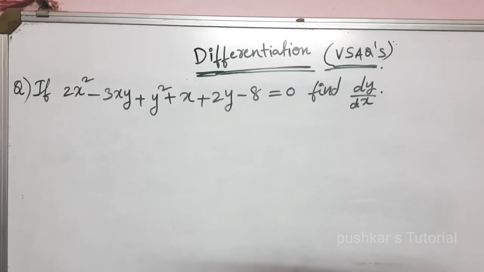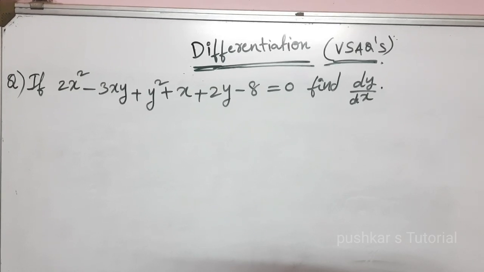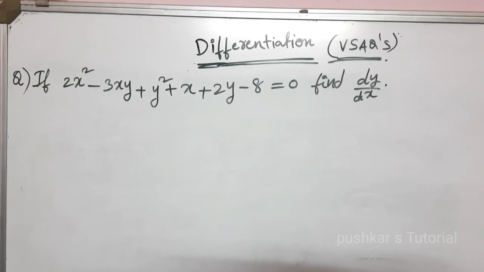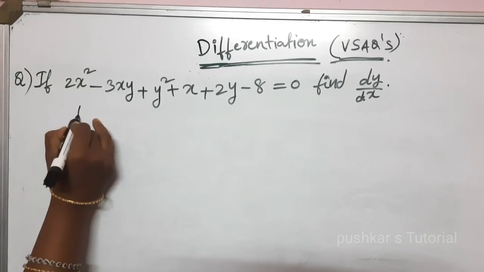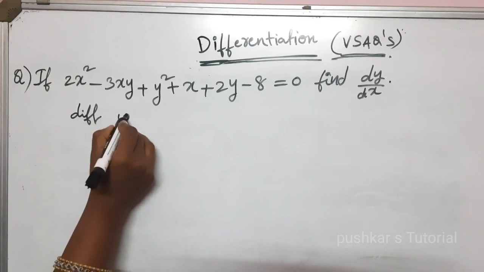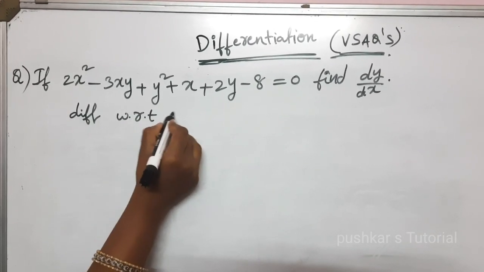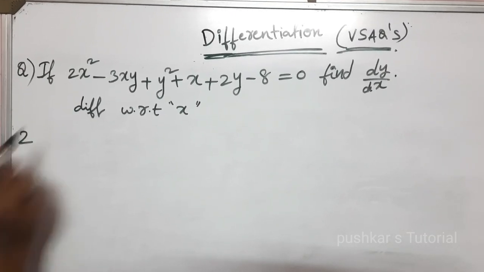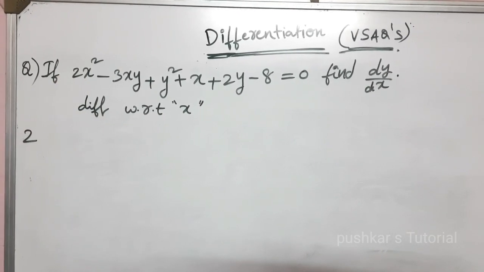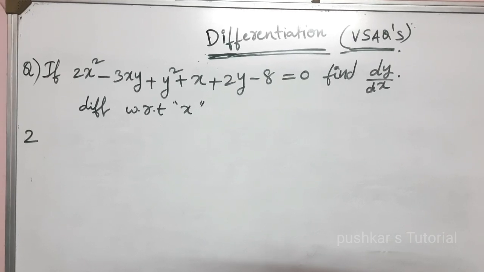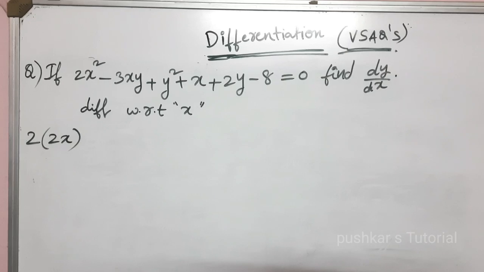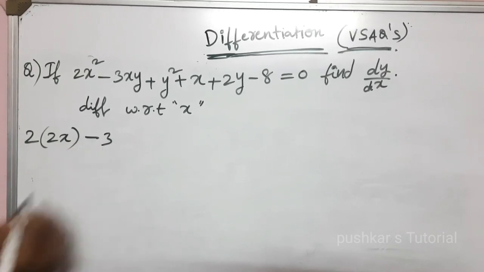If 2x square minus 3xy plus y square plus x plus 2y minus 8 is equal to 0, then find dy by dx. Differentiating with respect to x: 2 as it is, x square differentiation, using the formula n into x to the power of n minus 1, 2 comes in front and the power reduces, so 2x. Minus 3 as it is.